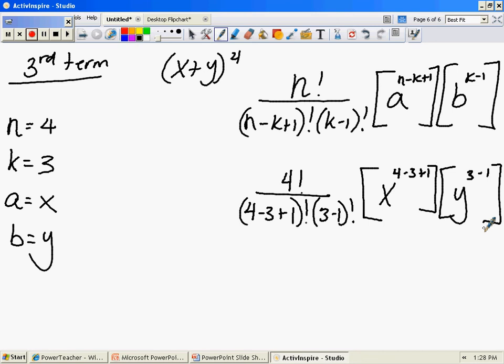Okay, at this point, I like to just do the adding and subtracting part, so we'll do that real quick. 4 minus 3 plus 1 is 2. 3 minus 1 is also 2. 4 minus 3 plus 1 is 2, and 2.